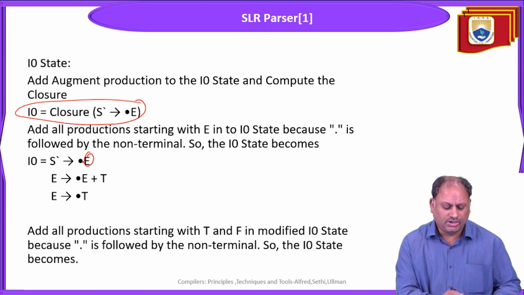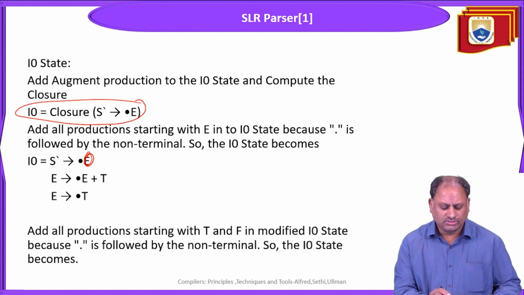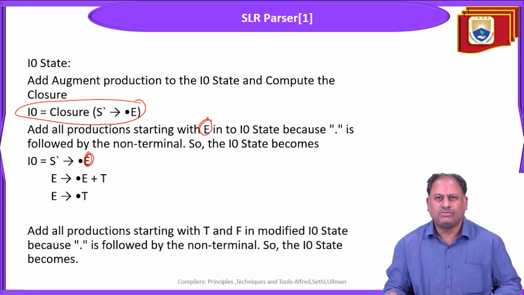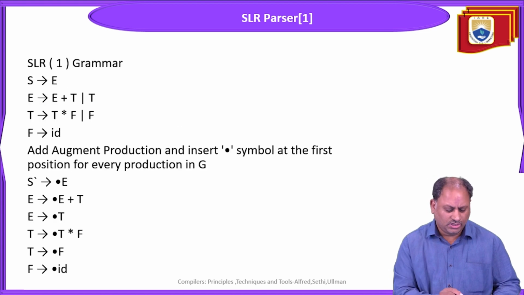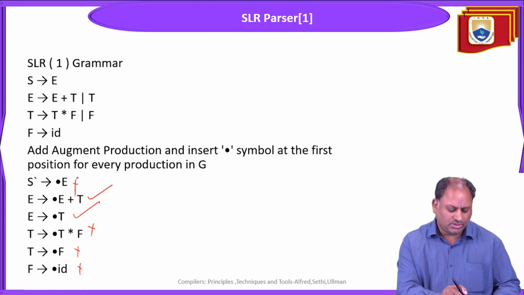Because here, after the dot symbol, what is the symbol that appears? That is E. So that's why we have to list out all the productions in the given grammar which start with E. Here this starts with E, this starts with E. Here there is none starting with E, but this and up. So what do we have to list out?